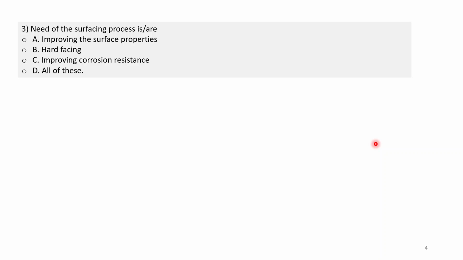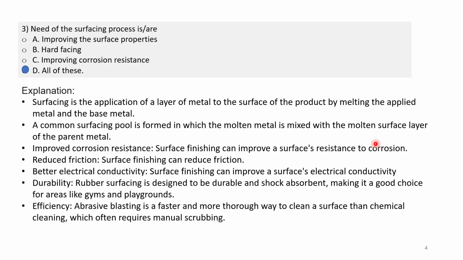Next question is, need of the surfacing process is or are. So which one is correct? Your options are improving the surface properties, hard facing, improving corrosion resistance, or all of these. So the correct answer will be all of these. Surfacing is a coating type of process.